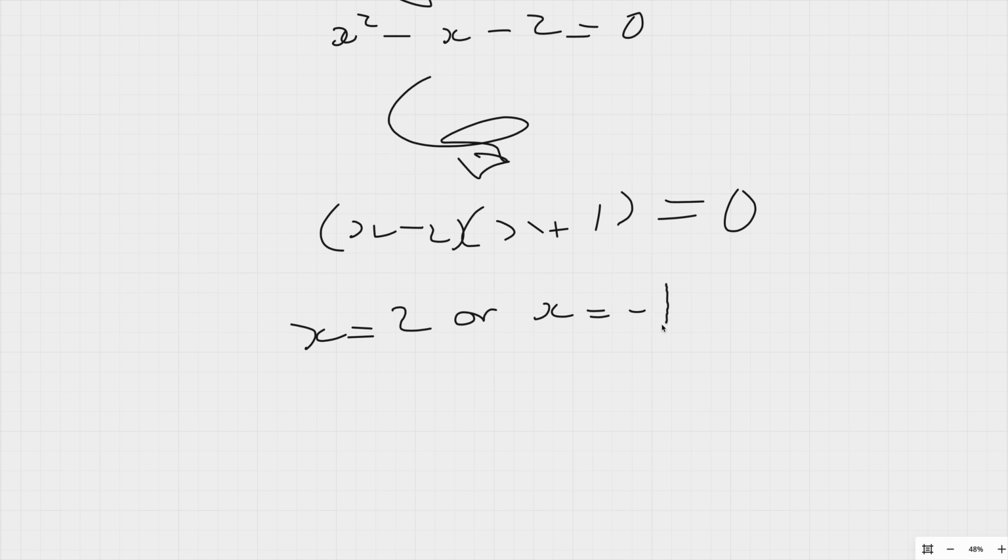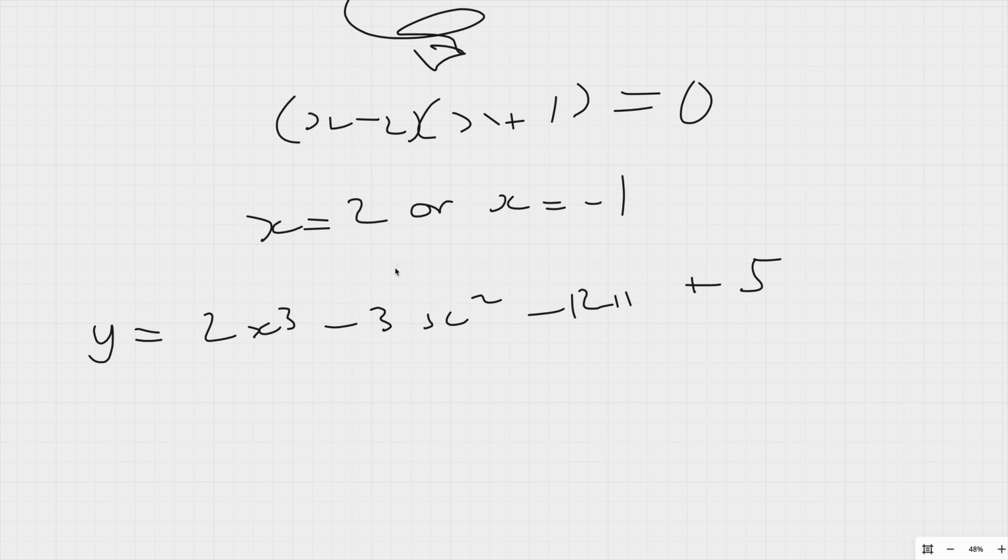Now what do you do? All you need to do is put it back in our original equation. What was our original equation? y equals 2x cubed minus 3x squared minus 12x plus 5.